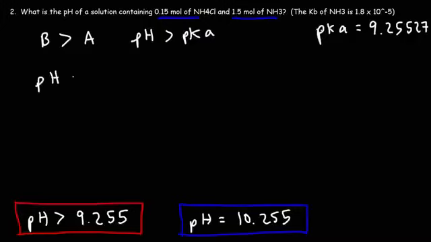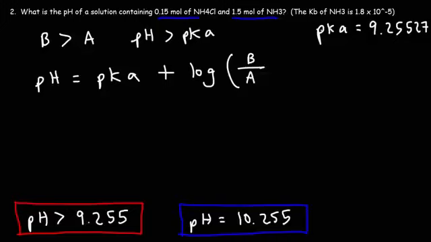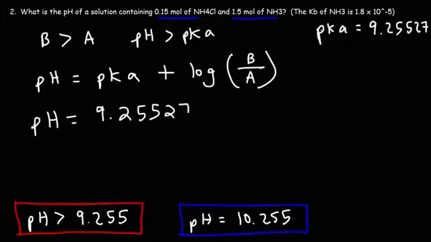So let's write the buffer equation. pH is equal to pKa plus log base over acid. The pKa is 9.255, and then we can add the 27 as well to get a more accurate result, and then plus log.